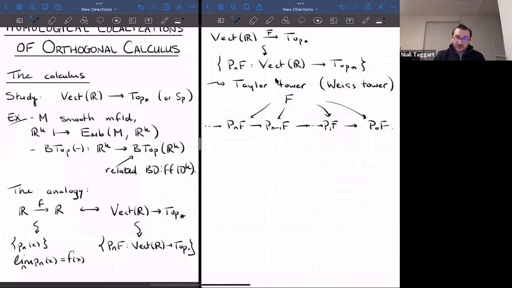And a kind of standard way to use a tower of something to understand the homotopy type of something else is to look at the difference between the terms in the tower. So if you want, you're looking at like an associated graded of a filtration. So you can take the homotopy fiber of each horizontal map, which gives you a new functor.